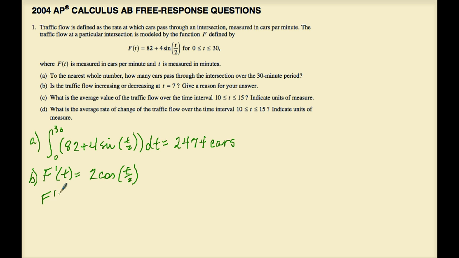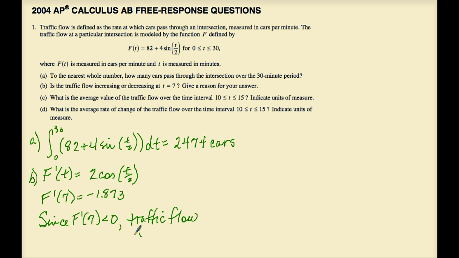Specifically, we're interested in what's happening at t equals 7, and that value is negative 1.873. Since f prime of 7 is less than 0, traffic flow is decreasing at t equals 7.